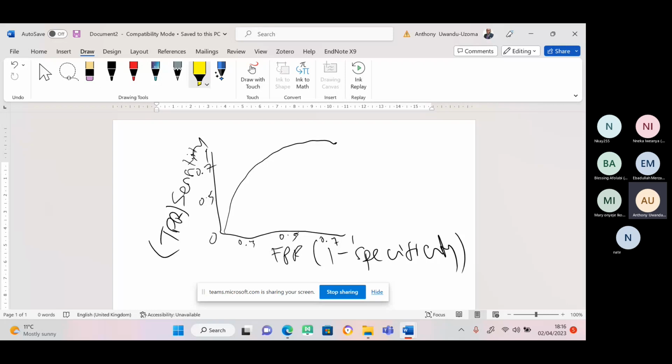Now, if you draw a straight line from 0 like this, you see the yellow line there.